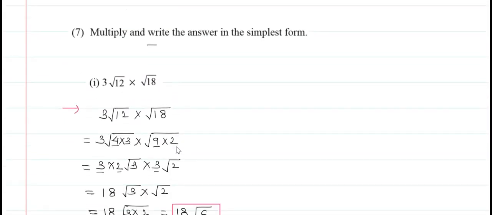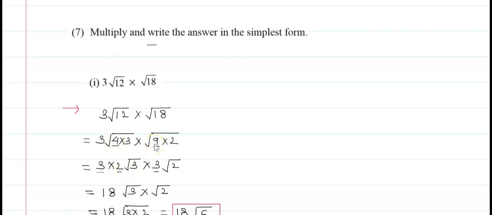Now question number 7. Multiply and write the answer in the simplest form. Here is 3 root of 12 into root of 18. Root of 12 can be written as 4 into 3, and root of 18 can be written as 9 into 2. The square root of 4 is 2, so it is 2 root 3.